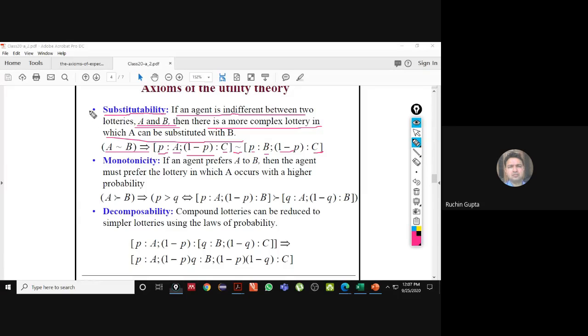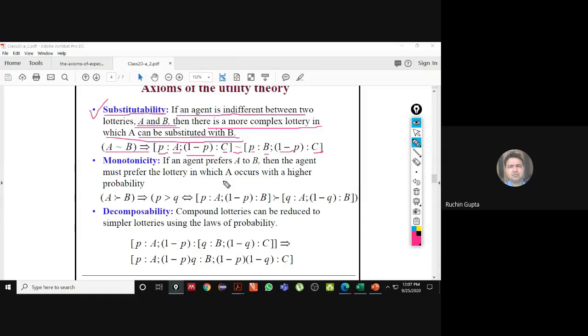So this rule is known as substitutability. It means that A can be substituted with B like this.